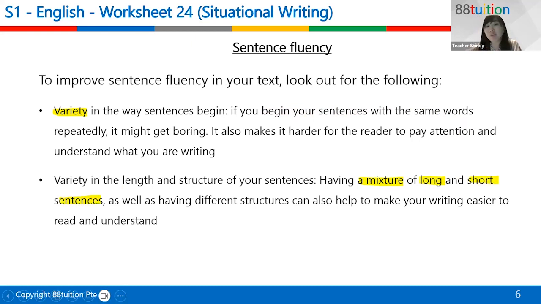Sometimes you can have simple sentences, sometimes you can have compound sentences, sometimes you can have complex sentences. So when you have a variety of different sentence types, it creates a variety. And when you have a variety, it doesn't sound so repetitive. It doesn't sound so boring. So try to have a different structure to make your writing easier to read and understand.